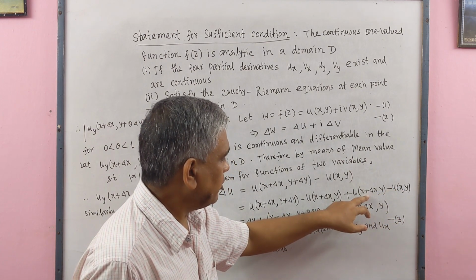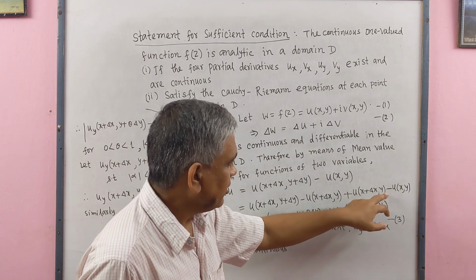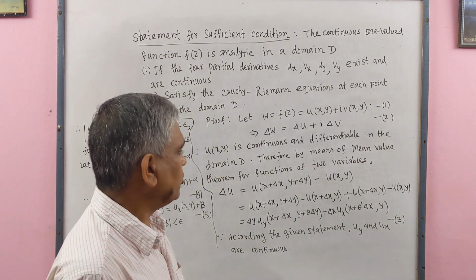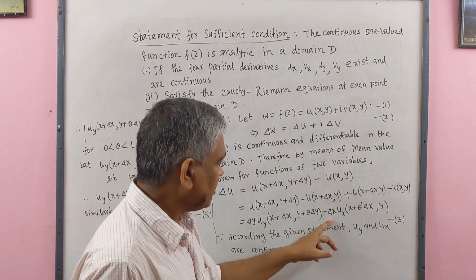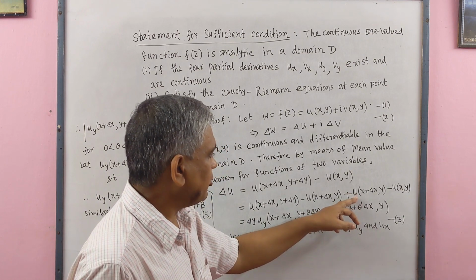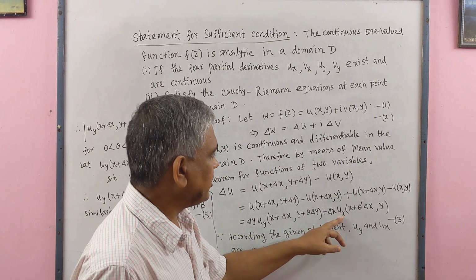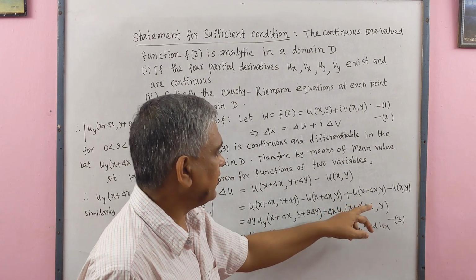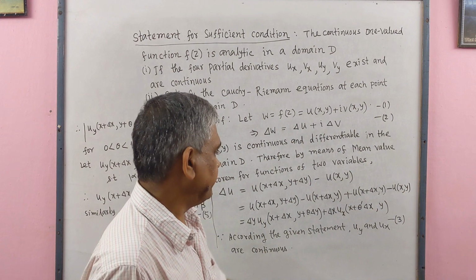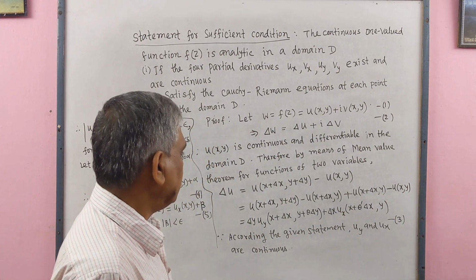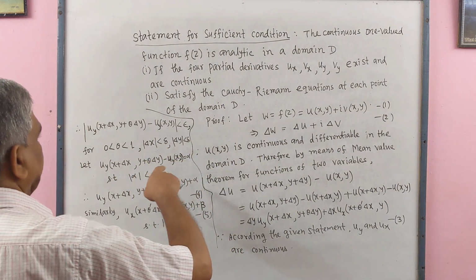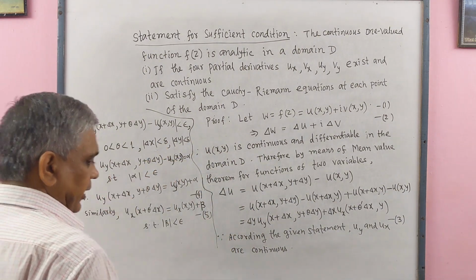So value of x is changed, y remains same. So by mean value theorem, we write this delta x, partial derivative of u with respect to x, ux. Here x is changed, so x plus theta dash delta x and y same. Theta dash lies between 0 and 1.